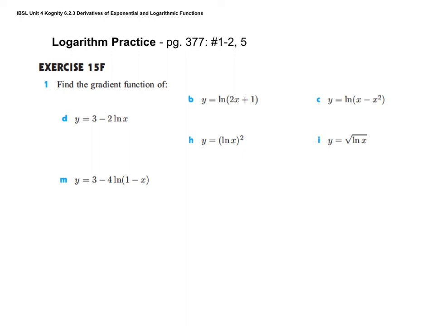I want you guys to make sure you're paying attention to how the chain rule is working, because on these, this is just like with the trig. Remember how we did sine squared of x and then sine of the quantity x squared? You had to pay attention to what's on the inside and what's on the outside. The same thing is true here with our natural logs.